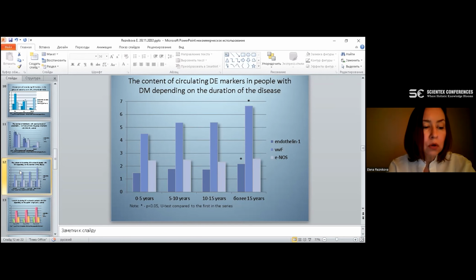The long course of the disease is accompanied by a significant increase in the level of endothelin-1 and von Willebrand factor in patients with diabetes duration of more than 15 years. A decrease in the level of NO synthase was typical for any period of the disease.